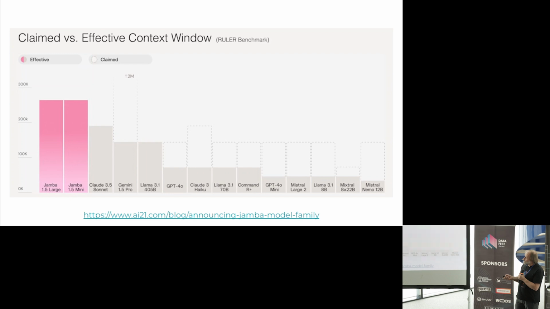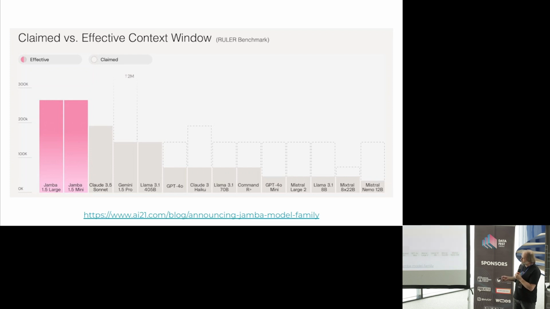And what's interesting, they compared this model on long context tasks, and they claim that regarding effective context window size, so what context you can work with and not lose any quality on long context, both Jumbos work well on really large context, larger than 200K.